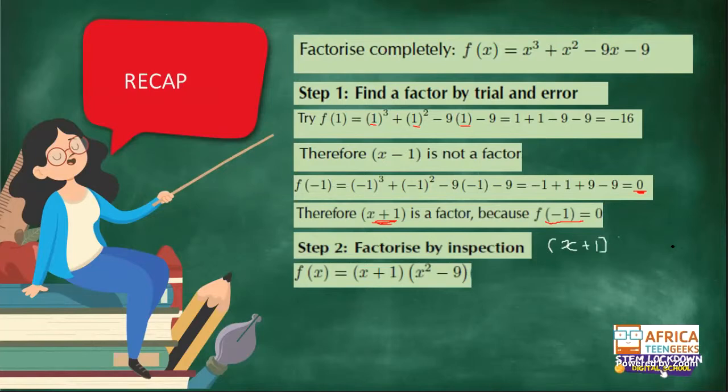So you know that you need to multiply x plus 1 with something to give you this term, either by inspection or long division. I always find long division easier, but you will find a method that works for you.